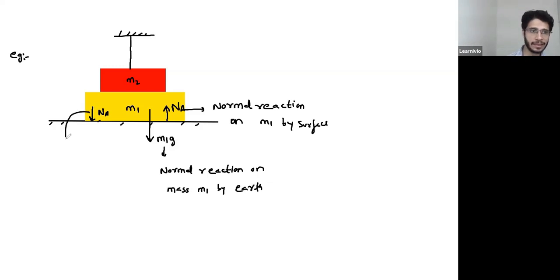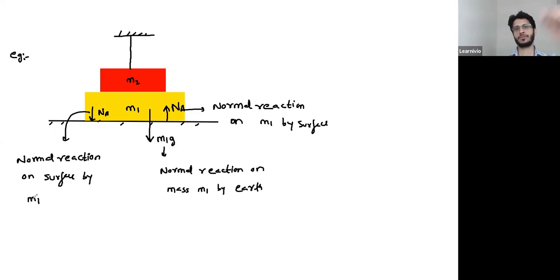Here this NA is normal reaction on surface by M1. This is normal reaction on surface by M1.